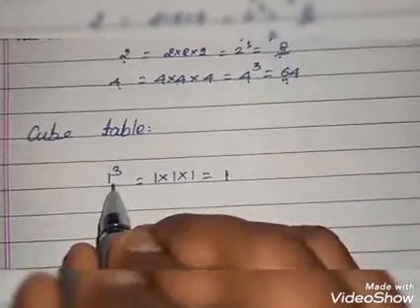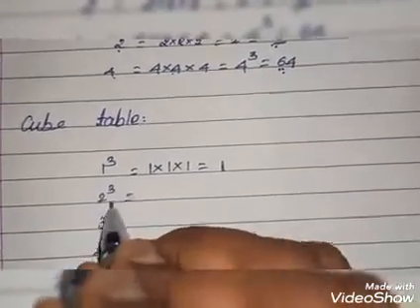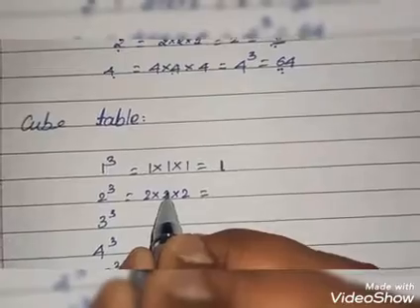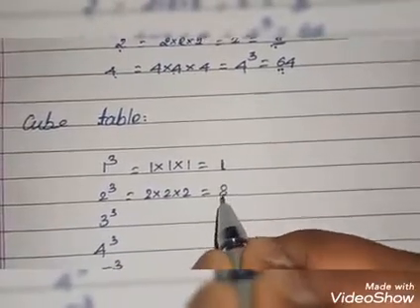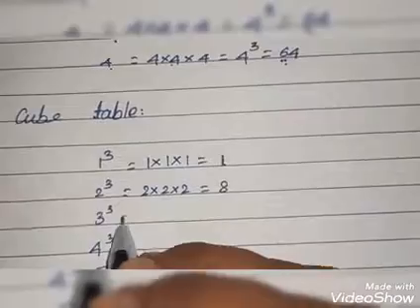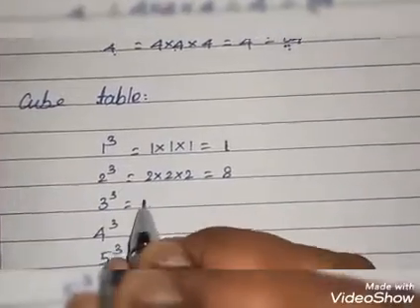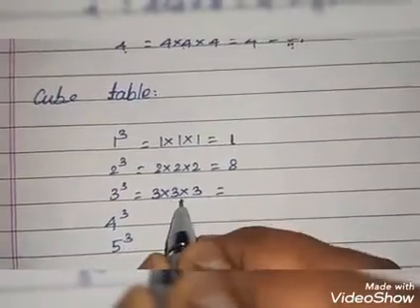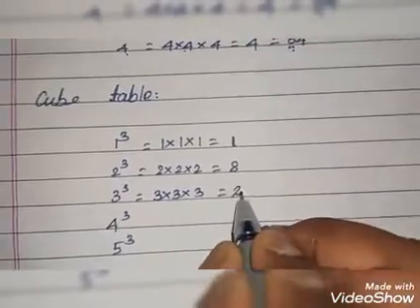So the cube of 1 is 1. 2 cube is 2 into 2 into 2: 2 2s are 4, 4 2s are 8, so the cube of 2 is 8. Then 3 cube is 3 into 3 into 3: 3 3s are 9, 9 3s are 27.